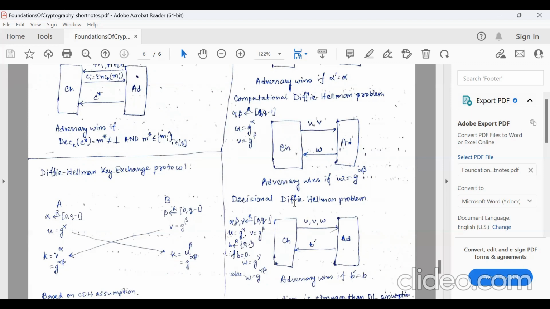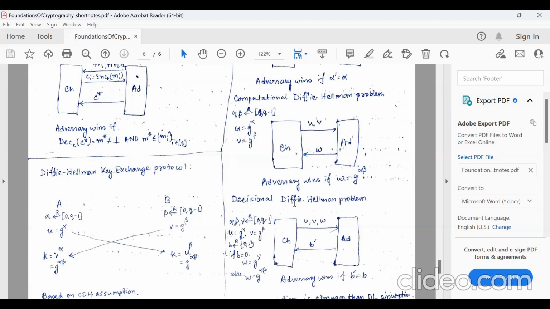Seeing such a triplet UVW, the adversary needs to distinguish whether it is seeing a Diffie-Hellman triplet or not. The triplet UVW will be called a Diffie-Hellman triplet if W has the form g to the power alpha beta, otherwise not. So the adversary has to distinguish between a Diffie-Hellman triplet and a random triplet of the space G.